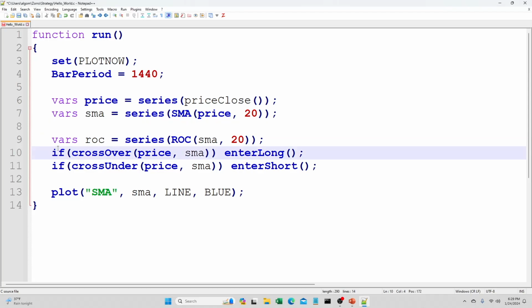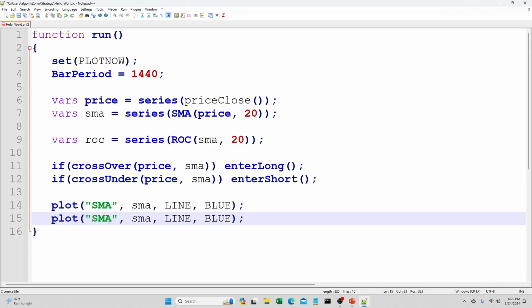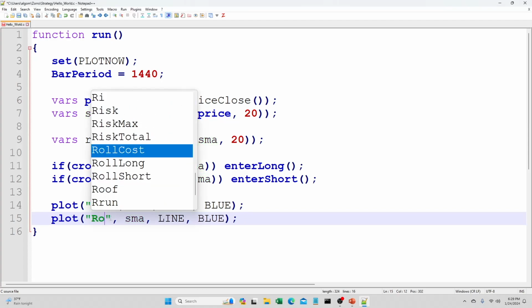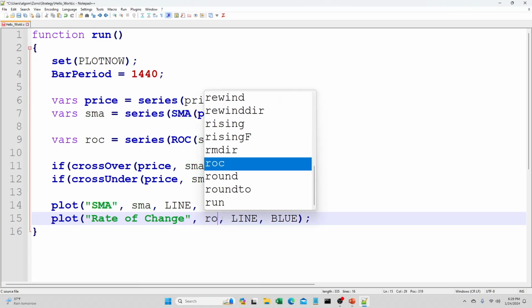We're not going to change the trading logic yet, but I would like to see it. I would like to plot it like with the ADX, right? So here is the ROC, rate of change, to help you remember. And this is going to be ROC here.